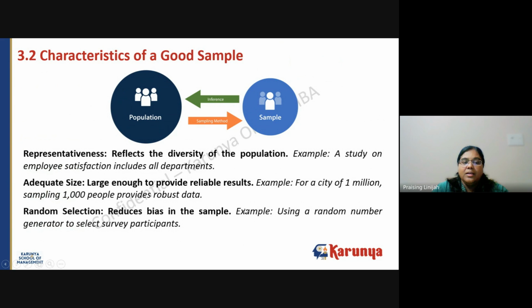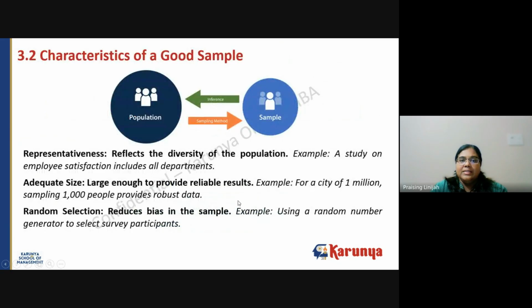It is because random selection may help to select survey participants, which means not sticking onto a set of clusters or a group alone, but randomly scattering throughout. We may have diversity in terms of choosing the participants who can be a part of the survey, which can lead to better results.